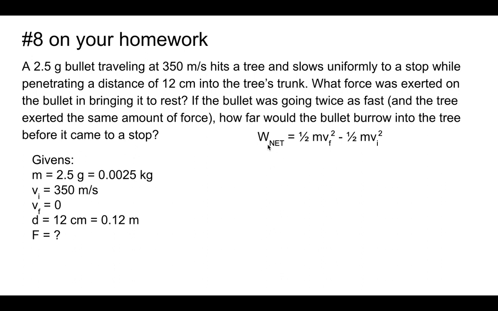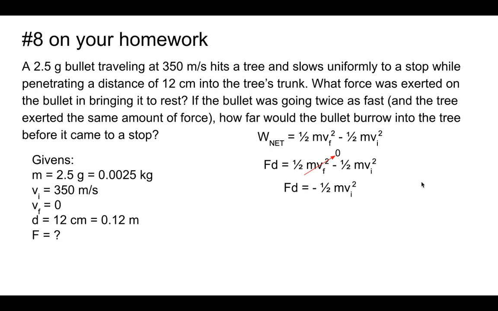The net work done on that bullet from the tree is equal to 1/2 mass times final velocity squared, our final kinetic energy, minus initial kinetic energy. I'm going to plug in force times displacement for our net work done, because it's the force of the tree times the distance that the bullet burrows into the tree. We come to a stop here, so the final velocity is 0, and this whole term cancels out to 0. We end up getting force times displacement equals negative 1/2 mass times initial velocity squared.